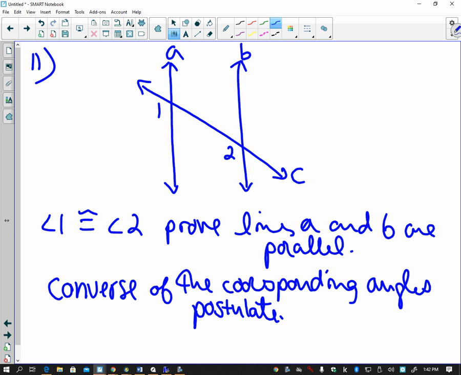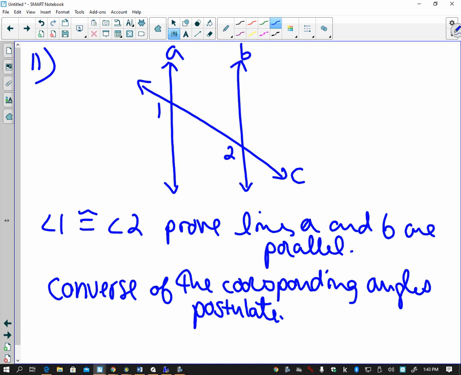Because we're trying to prove that the lines are parallel. If we already knew that the lines were parallel, and we were just trying to prove that angles 1 and 2 were congruent, then we could just say corresponding angles postulate. But because we're trying to prove the lines are parallel, we have to use the converse. Okay?